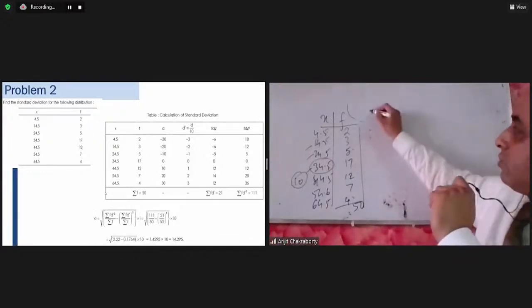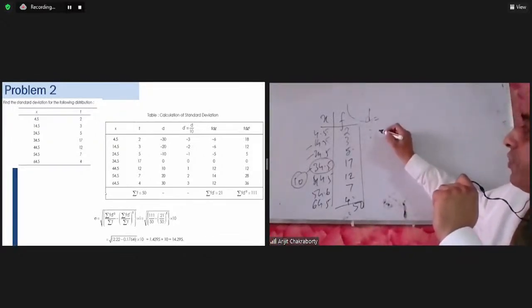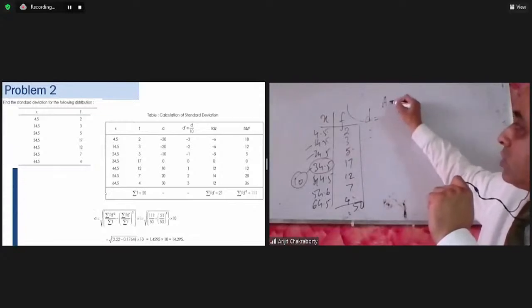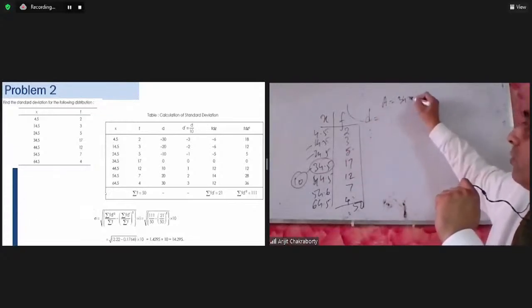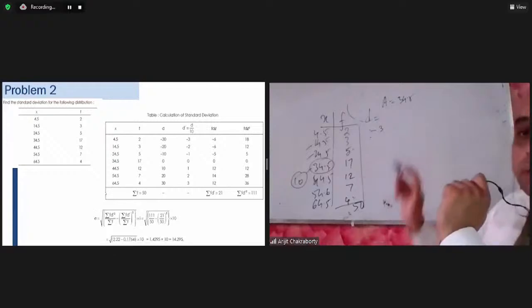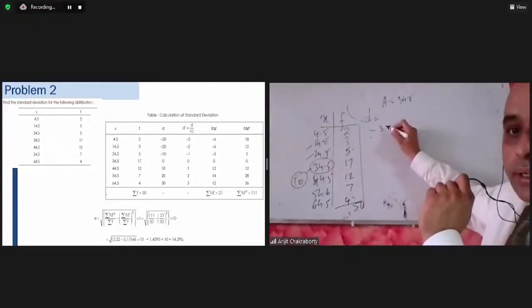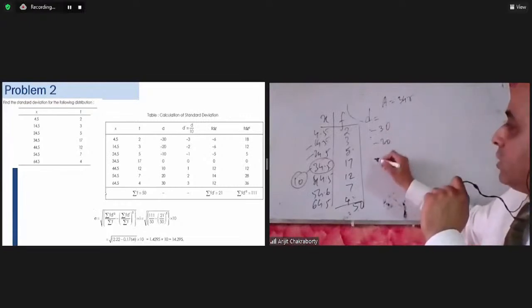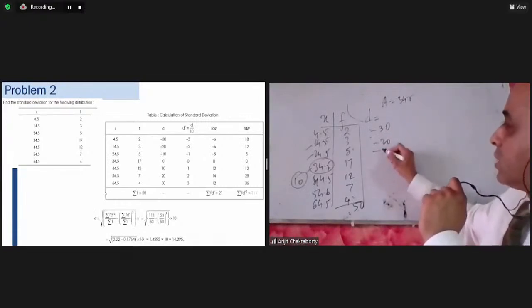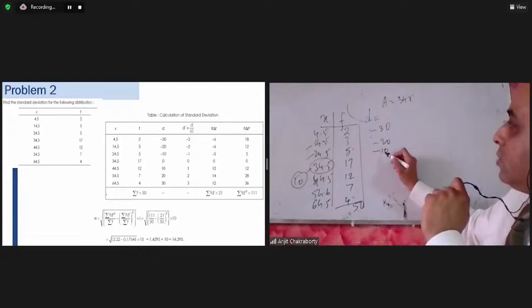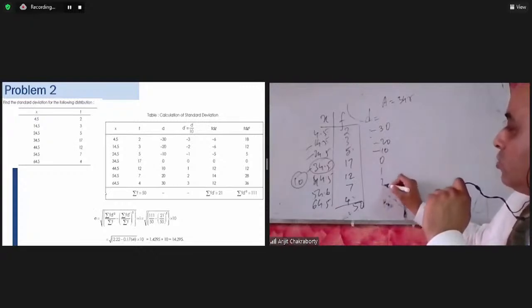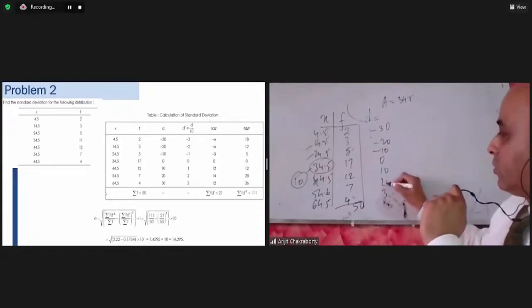So F is given, we directly go to D. D is from the assumed mean, we have taken 34.5. But you see here, we'll get some bigger numbers. So we are getting minus 30, minus 20, then minus 10, 0, 10, 20, and 30.